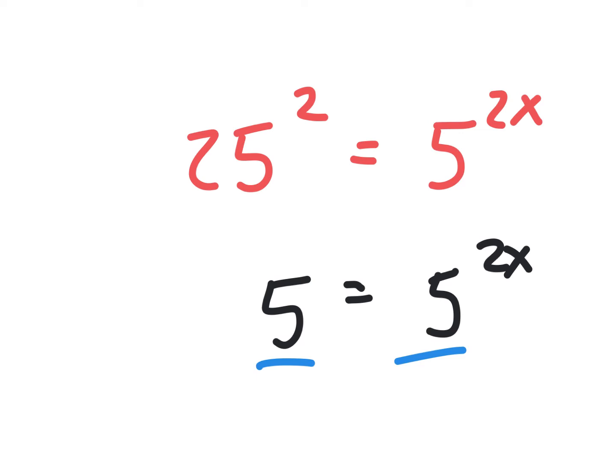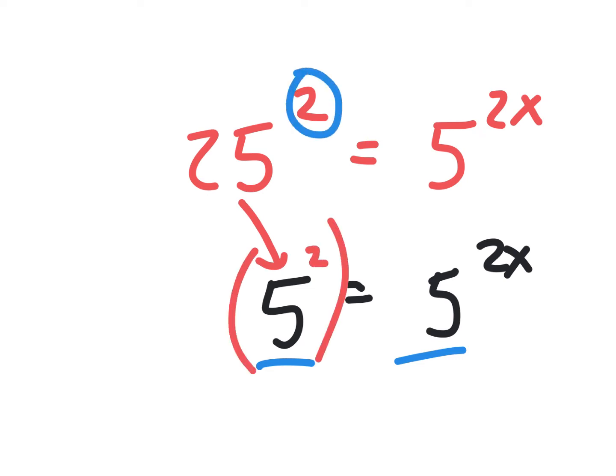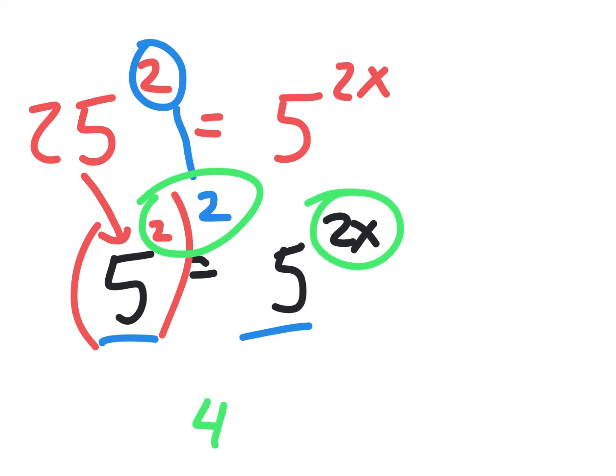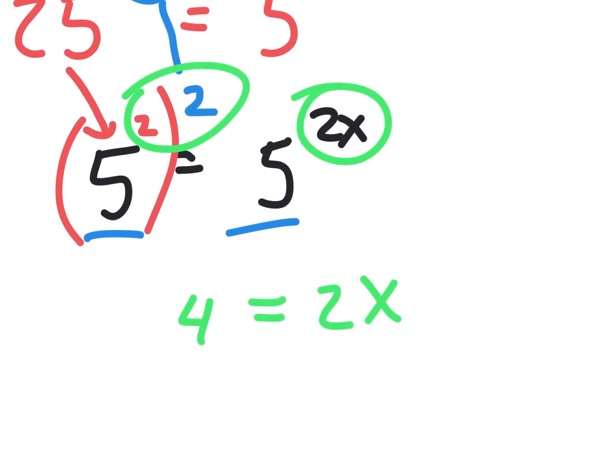Well, you can't just make it a 5. 25 can be 5 squared, though. And then there's still this squared on it. And I just made the bases the same. And then this equals this. 2 times 2 is 4 equals 2x. And I know you could all solve that from there and get the answer.